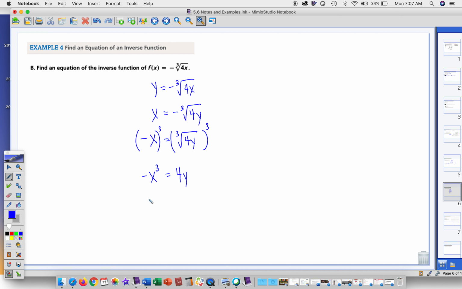And then dividing by 4, I get negative x cubed over 4 is equal to y. Or, if you wanted to make it a negative 1/4, x cubed is equal to y. You could write it this way with the fraction separated from the x cubed.